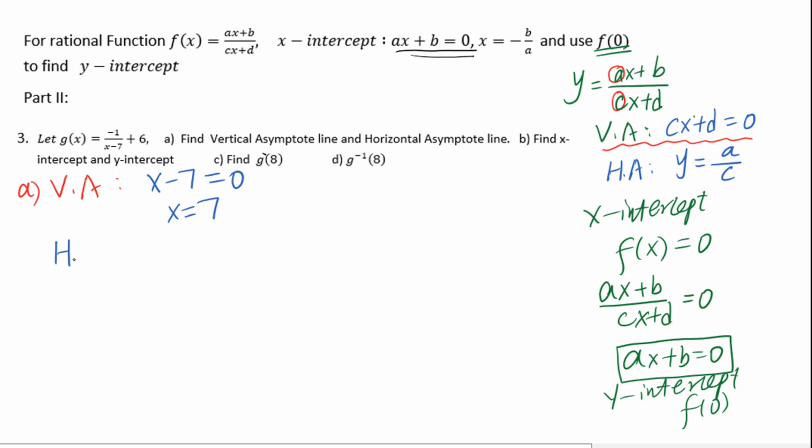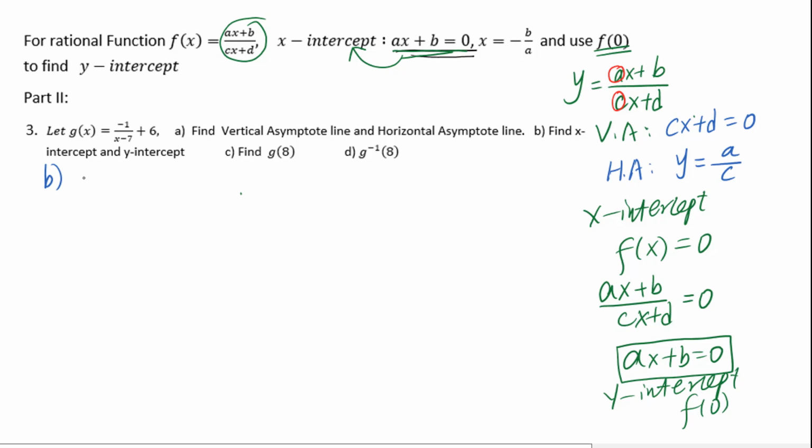For the horizontal asymptote line, y equals the division of the coefficients of x. This is 0x minus 1. So we have 0 over 1, which is 0. Then plus 6. You will get 6. Y equals 6 is the horizontal asymptote line.